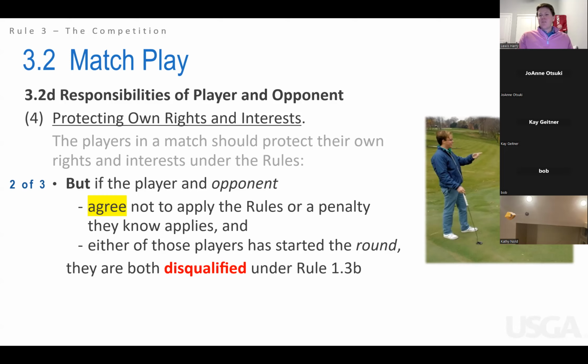In the previous example, overlooking a penalty, that's a solo endeavor. One person is choosing to overlook that breach. When we have an agreement, there's 2 players there that are coming together to make that agreement. That's not allowed. We're going to get a disqualification if we make an agreement to not apply the rules or to waive a penalty.